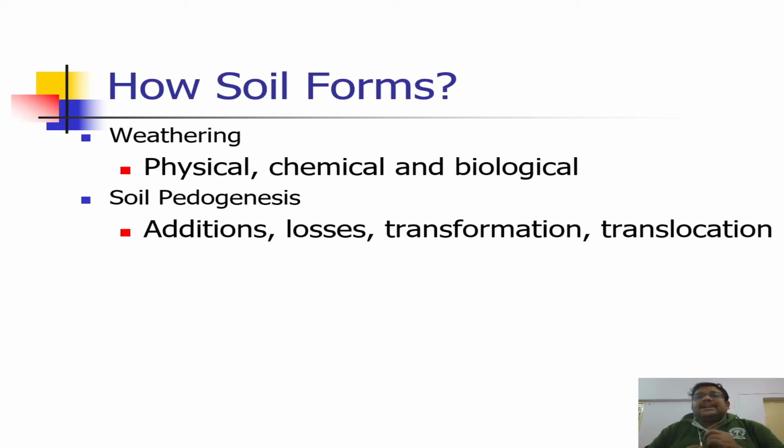Now sand and silt have a similar chemical composition as the parent rock from which they develop, whereas clay has a different chemical composition than the parent rock. Sand, silt and clay constitute the mineral fraction of the soil, and anything having a size greater than 2 millimeter is not considered as soil material.